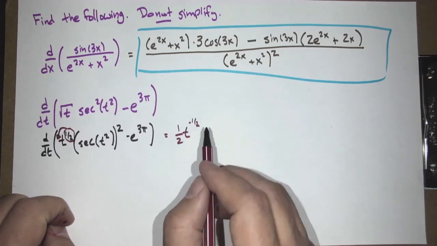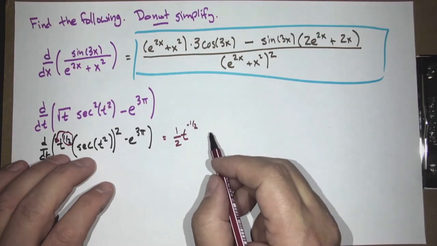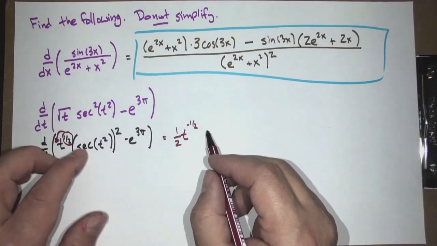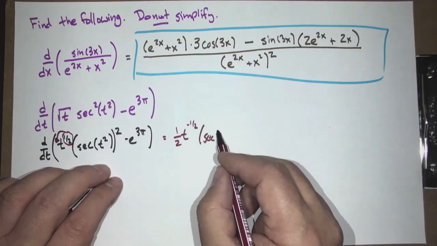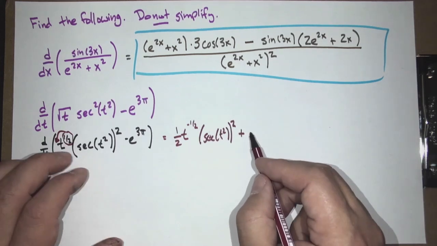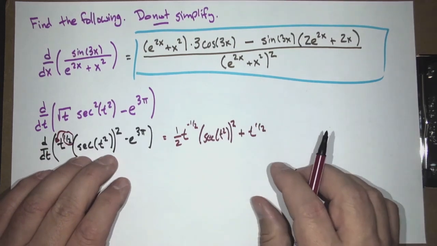Minus 1/2. 1/2 minus 1. Okay, and now we took the derivative of the first part, so the second part we leave alone. We can write it in either way, it doesn't matter. So I'll write it as I've written it here. Plus t to the 1/2.